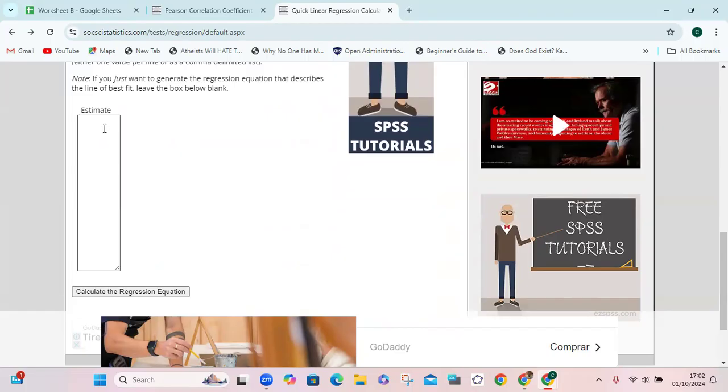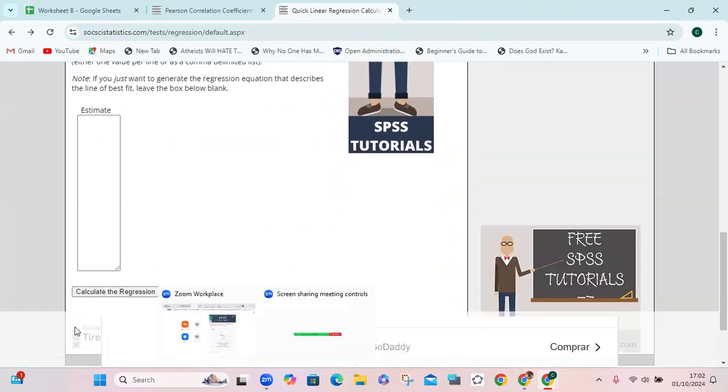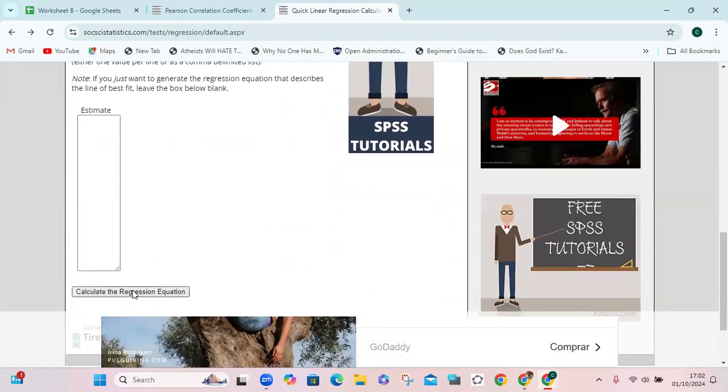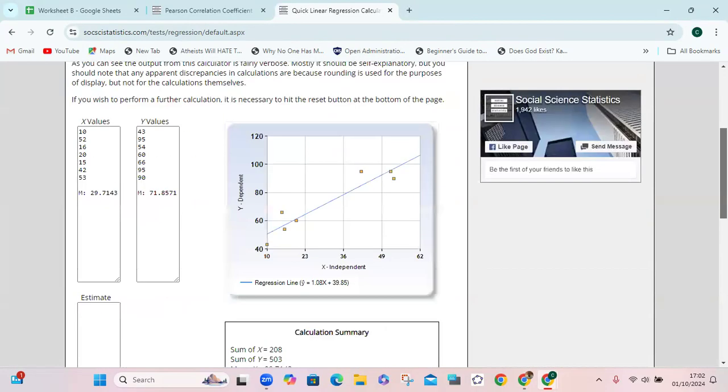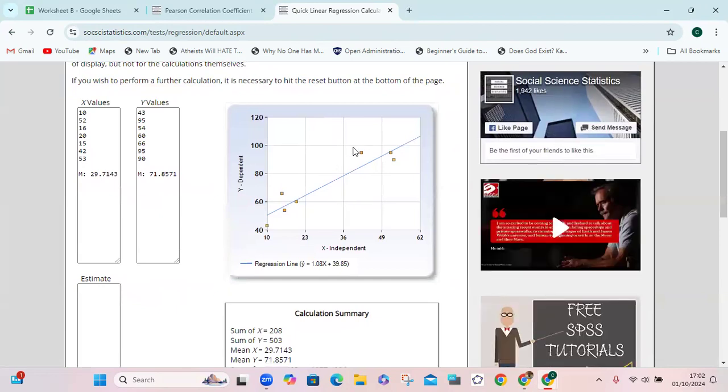Here you can type your estimates, and you can see where it says calculate the regression equation. That's another way to say it. As you can see, there's the scatter plot, and here is the equation. 1.08x plus 49.85, and this proves our answer that we have gotten. And it gives us the scatter plot, it gives us the line, and we can use that line to predict certain values for hours and score.